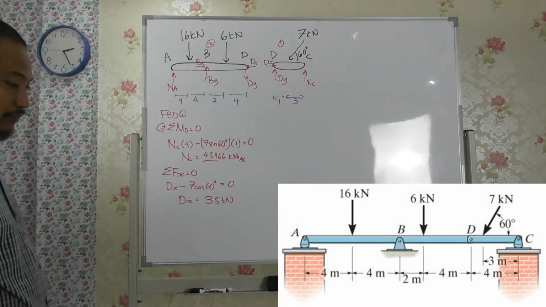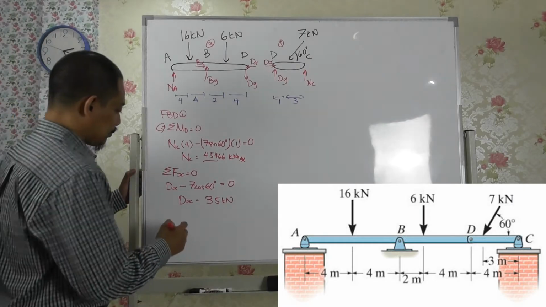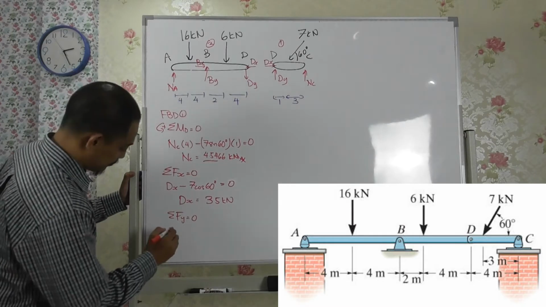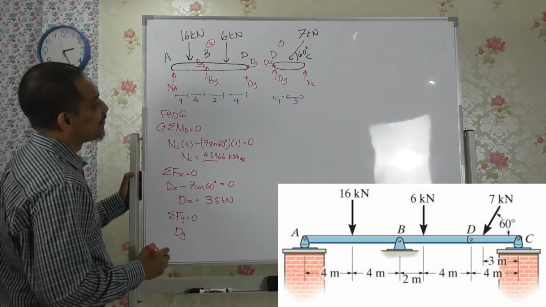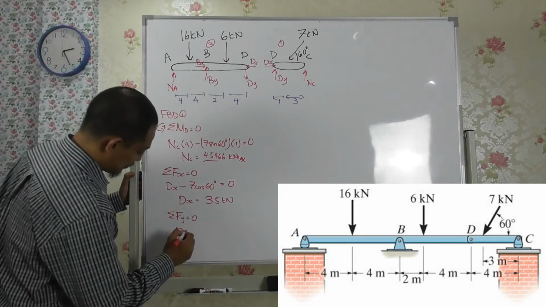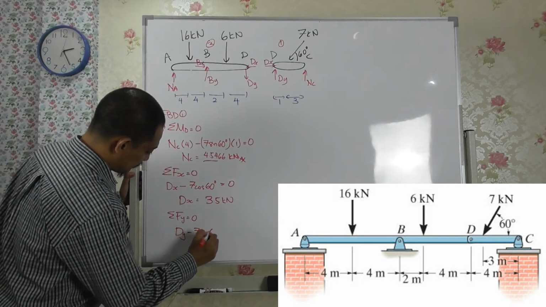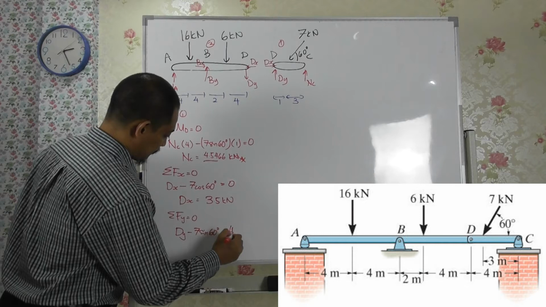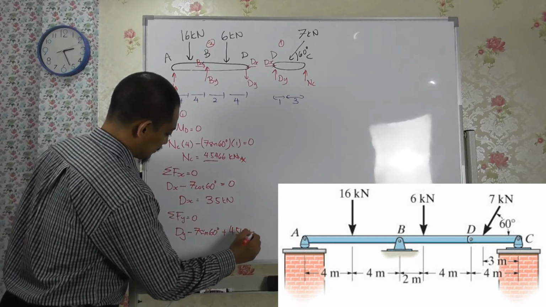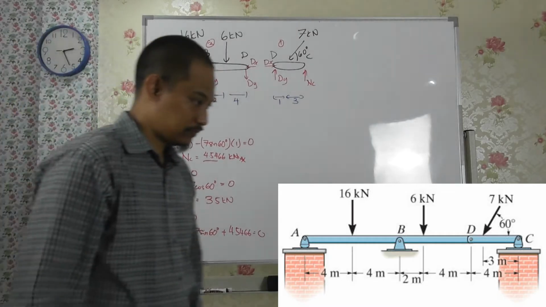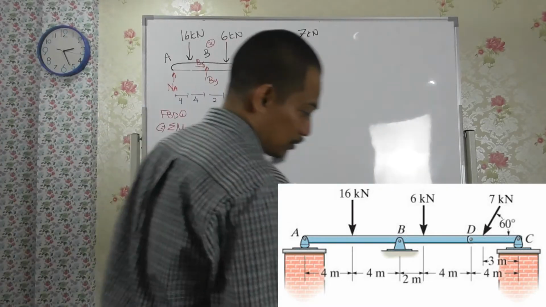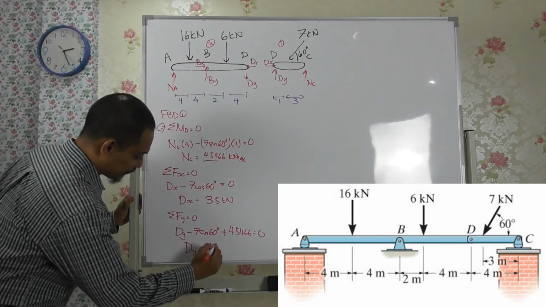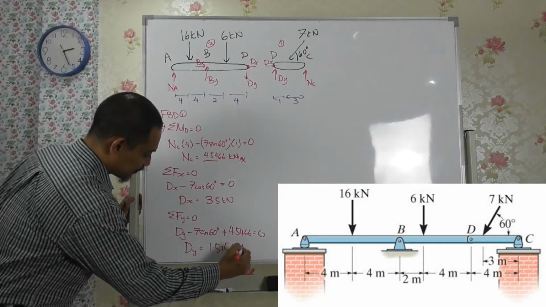Then for the summation of Fy equal to 0, you get Dy minus 7 sine 60 degrees plus NC, 4.5466, equal to 0. So Dy will become 1.5156 kilonewton.